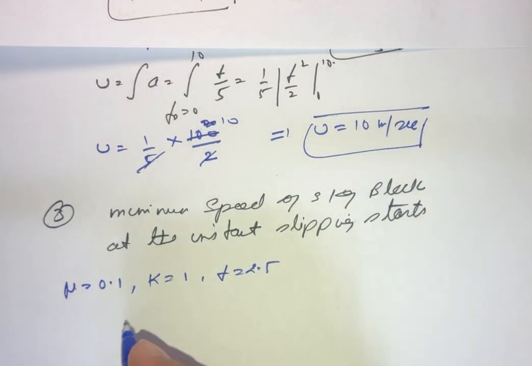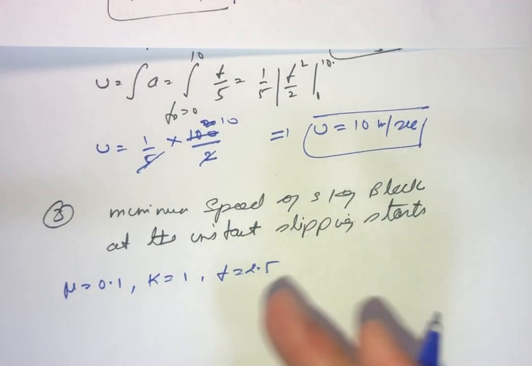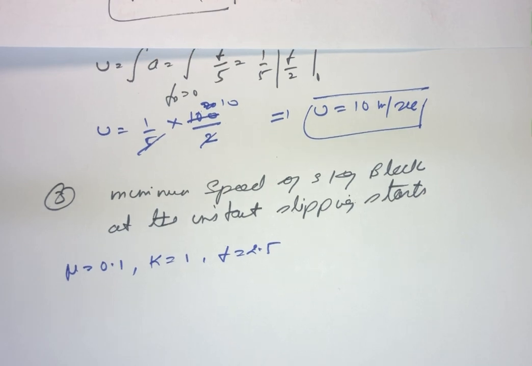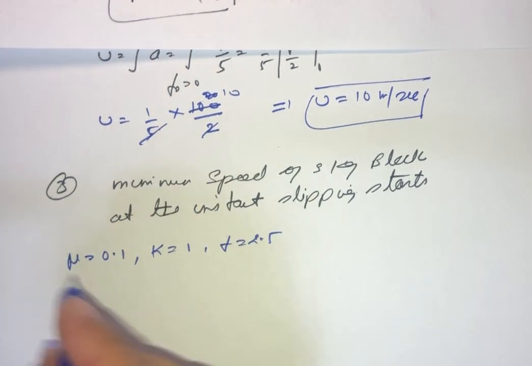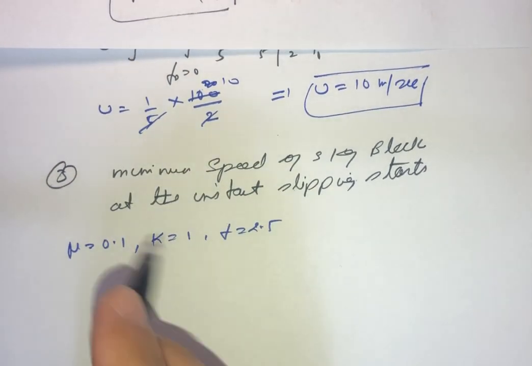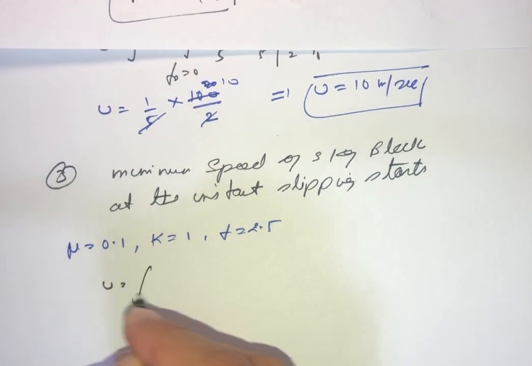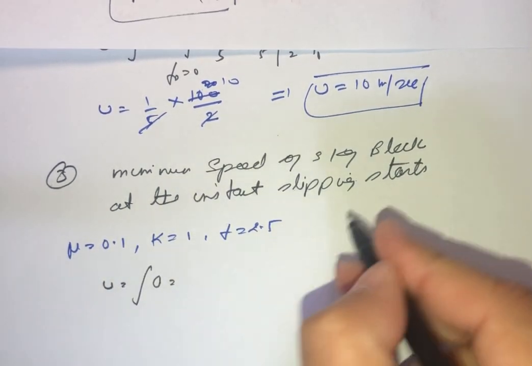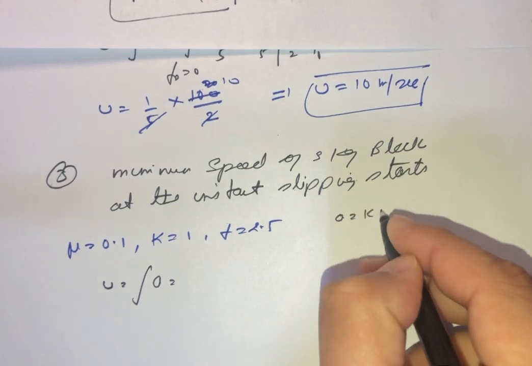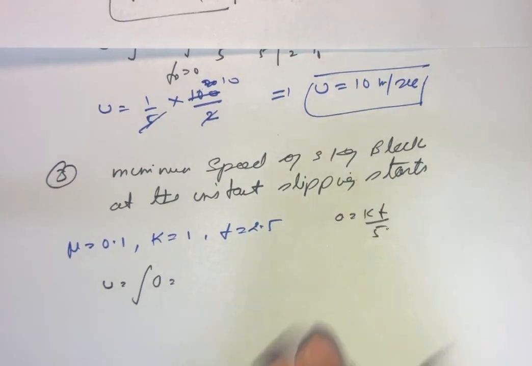Once again we use the same formula: velocity is equal to the integration of acceleration, and acceleration is equal to kt upon 5.